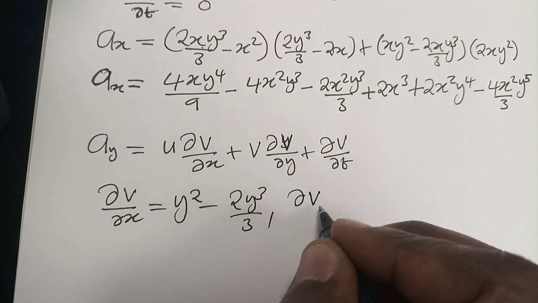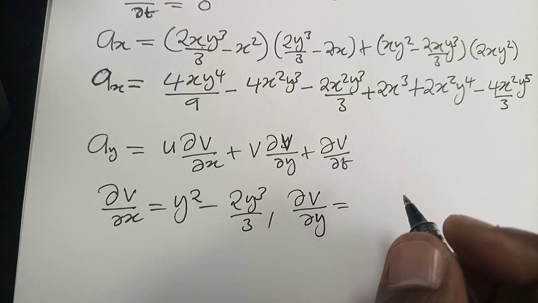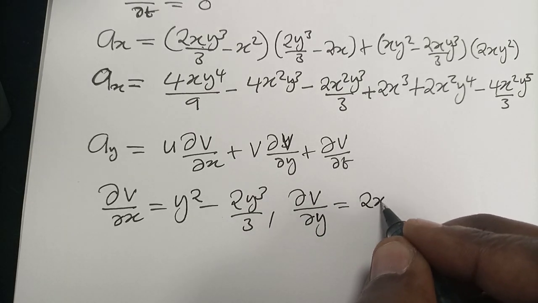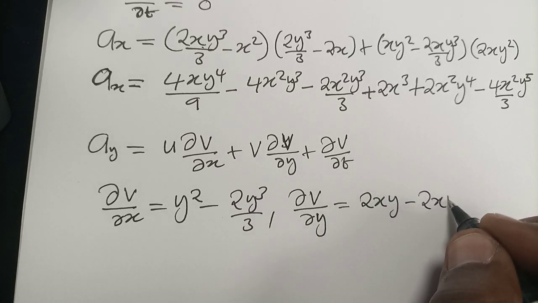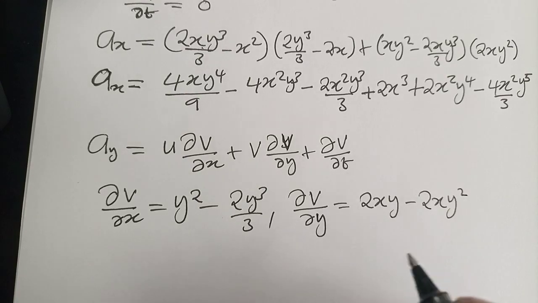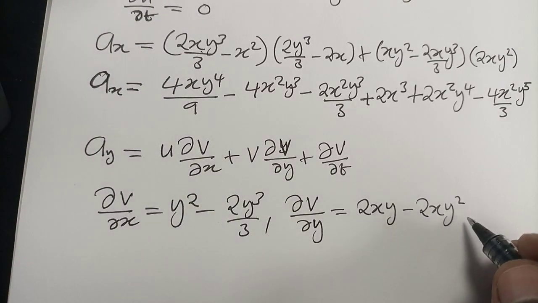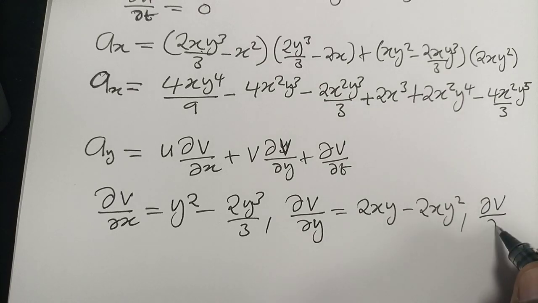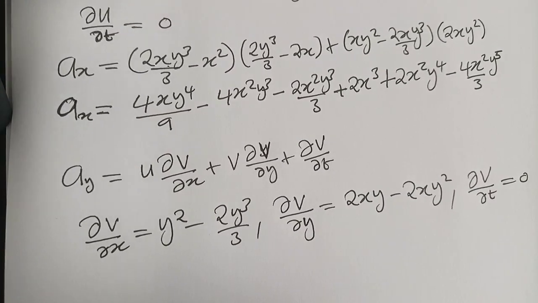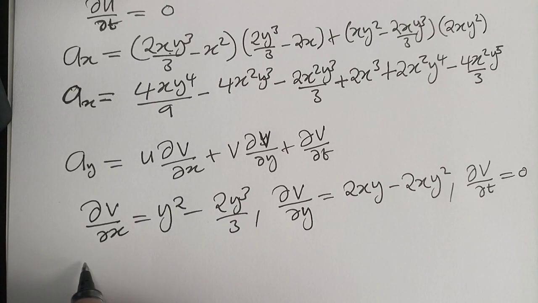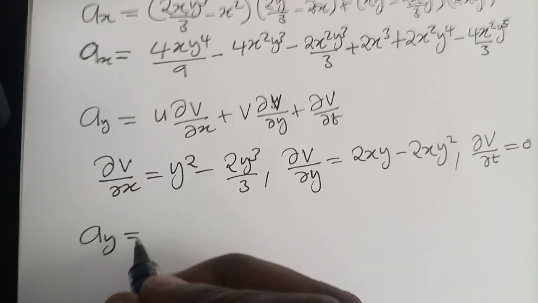Then differentiating it with respect to y, we're going to have 2xy minus 2xy squared. Substituting them in this equation, and remember v with respect to time is 0 because there's no t in v.